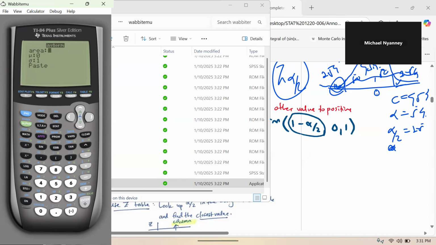So the area will be the value the alpha over 2 gives you. If it is 0.025, then you hit enter, and it's going to give you a negative value, which is negative 1.95. If you round it to two decimal places, negative 1.96. But we just want the positive part. So you take 1.96 as your z alpha over 2.